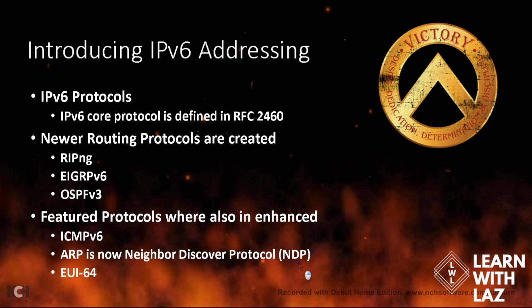Now, other protocols that were enhanced were ICMPv6. Extremely important because there's no ARP now. It's called neighbor discovery. It comes from that ICMPv6, neighbor discovery, right? Just to give you a little sneak peek, neighbor discovery means that now if a computer wants to find another computer or even a router, if the end device is the one that initiates it, it's a neighbor solicitation, right?